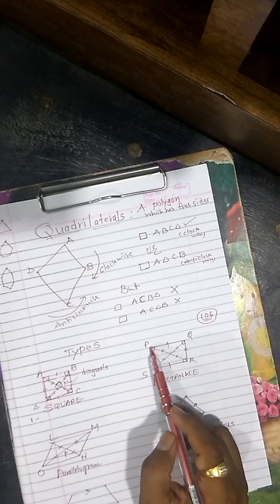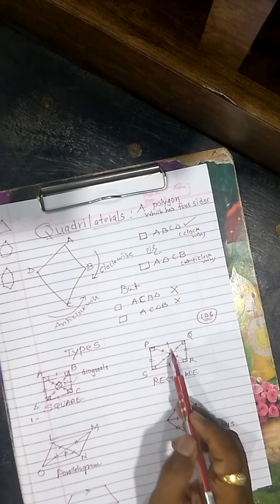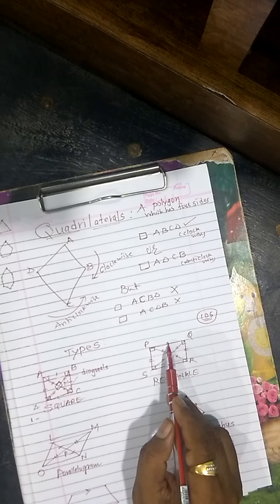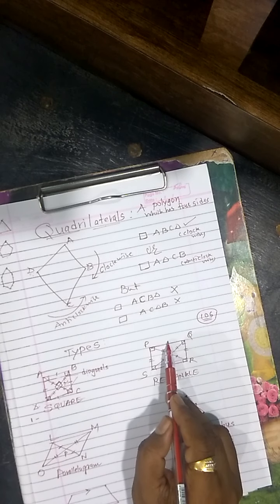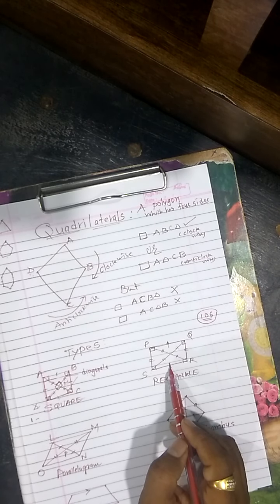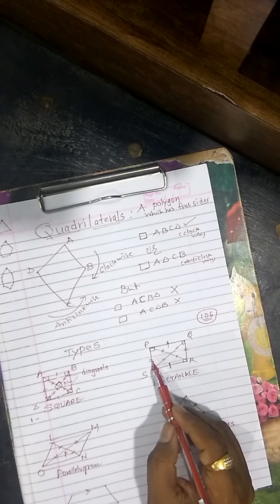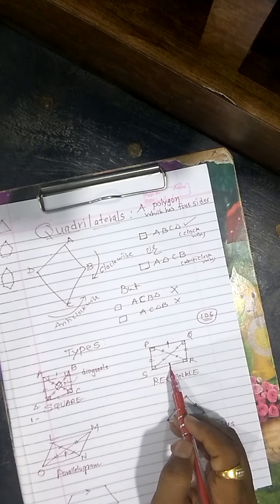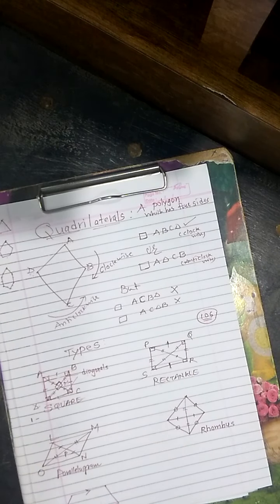So line segment PQ is equal to line segment SR. We have written one small line over here, meaning these two opposite sides have equal measure.